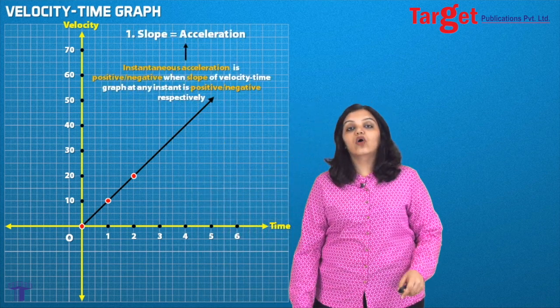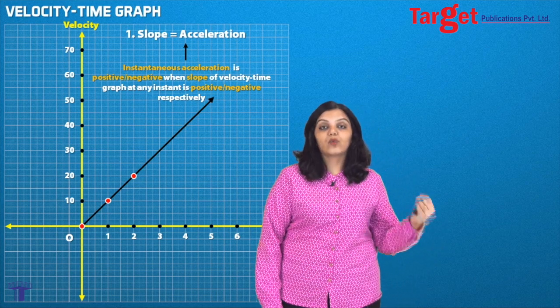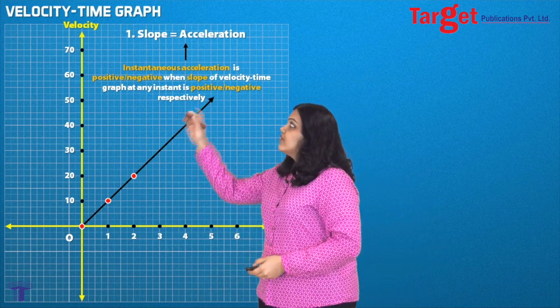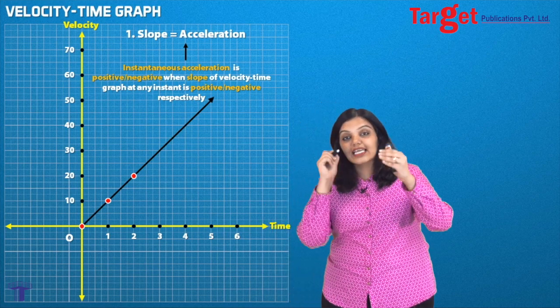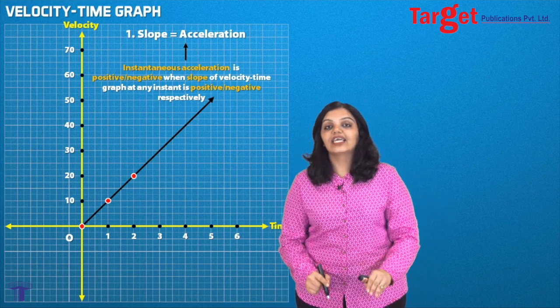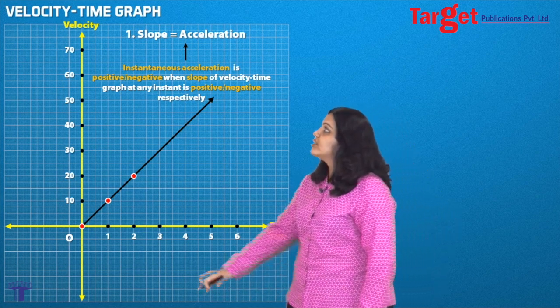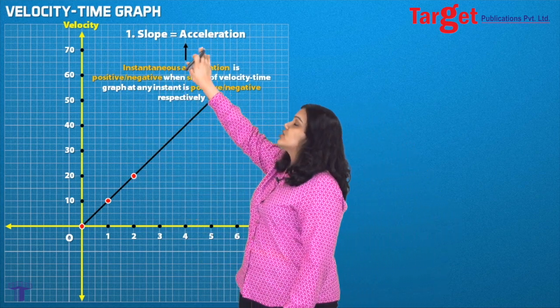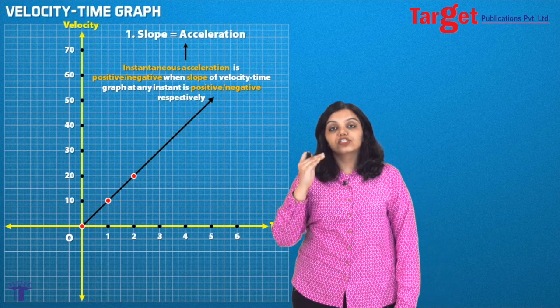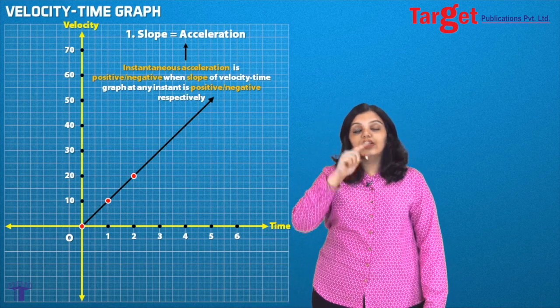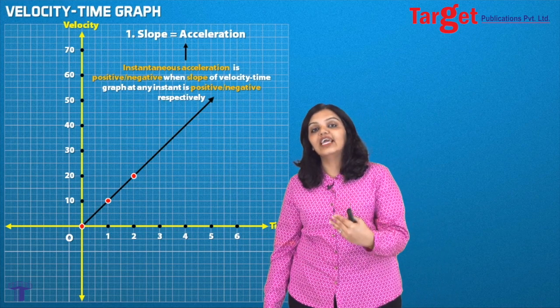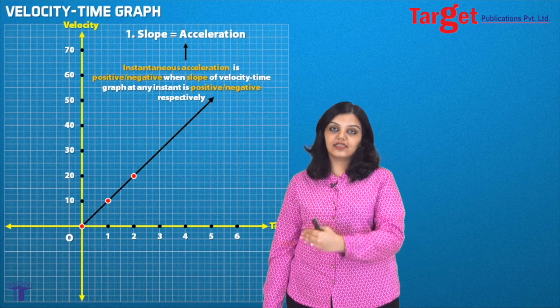And now let me recall another thing that I told you in part 1 of this lecture, that is, every time you find the slope at a single point in the graph, what you are finding is an instantaneous slope. And because the slope of a velocity time graph is acceleration, every time you find the slope at a single point on a velocity time graph, what you are finding is the instantaneous acceleration.